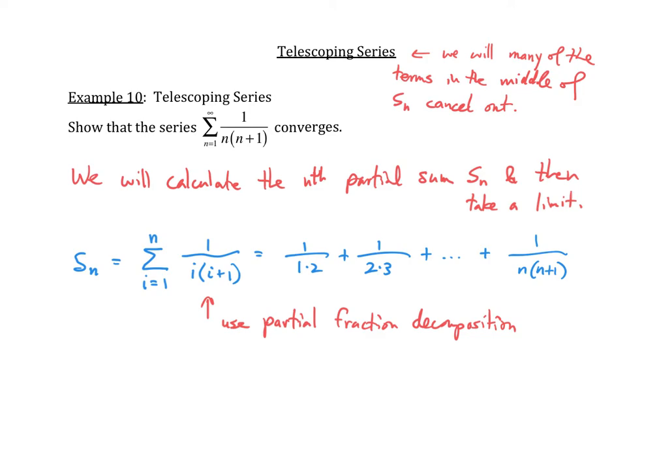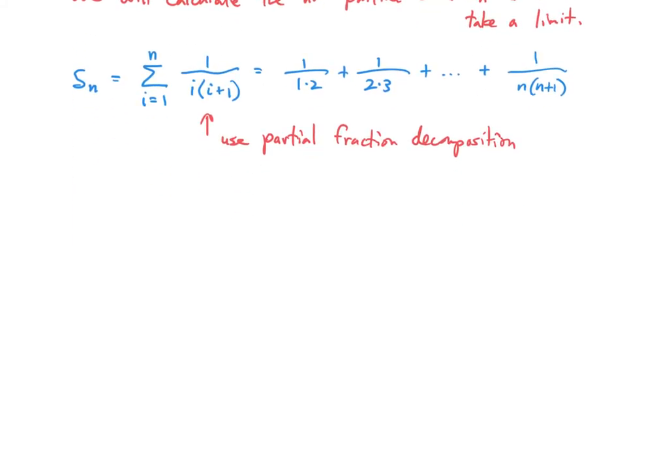So let's do that. I'm going to take my 1 over i times i plus 1, and when I look at the denominator, these are distinct linear factors. So I know that I could split this up as some constant A over i plus some constant B over i plus 1.